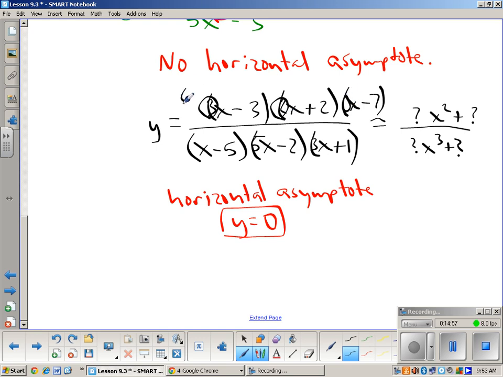On the bottom I get 1 times 5 times 3, which is 15. So my equation would be y equals 6 over 15, which reduces to 2 over 5. And that would be your horizontal asymptote.